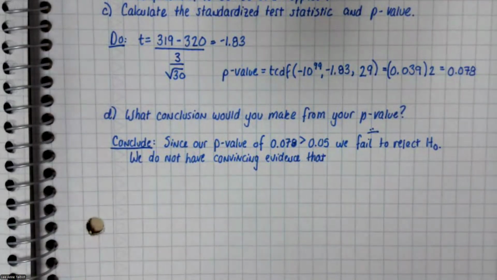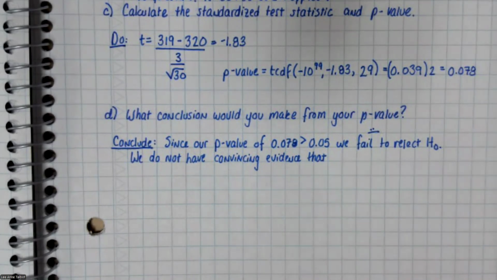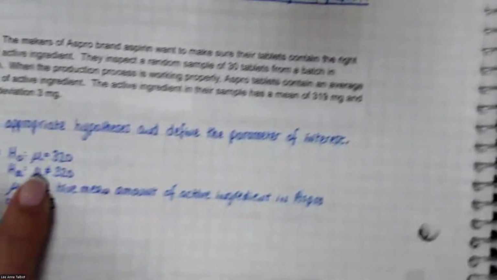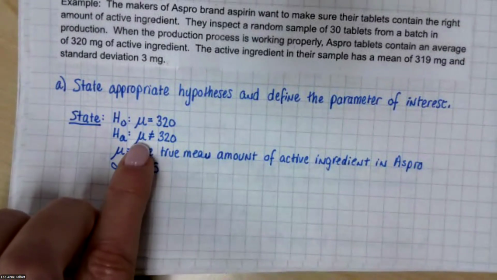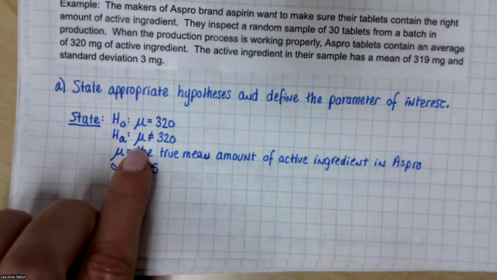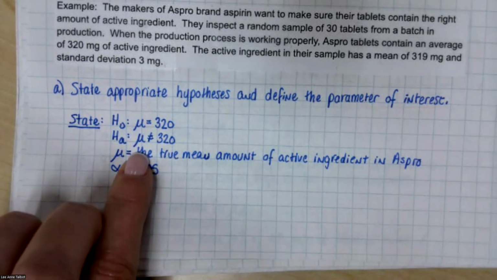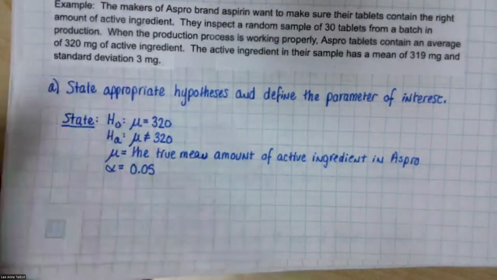Okay. Now, this is one of those cases where it didn't really give us wording. The question didn't say, do you have convincing evidence of something? So we have to go back to the original problem and take the Ha and rewrite it in words. So I'm going to scroll up here. What would the words be for the Ha? The true mean amount of active ingredient is not 320.